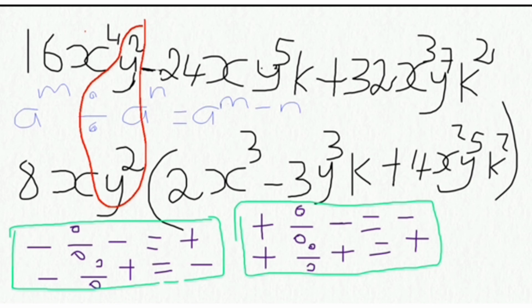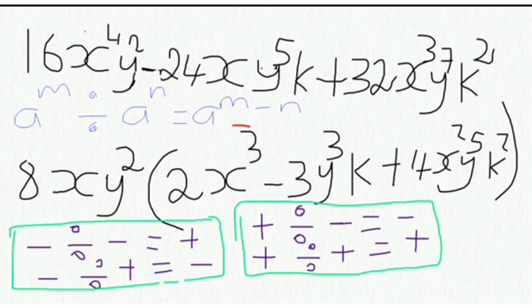And any number to the power 0, remember, any number to the power 0 is equal to what? Is equal to 1. So we are not going to write 1 here. Because if you write 1 here, 2x cubed times 1 is just 2x cubed.